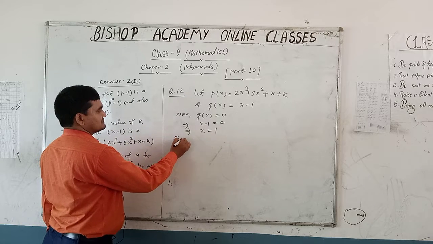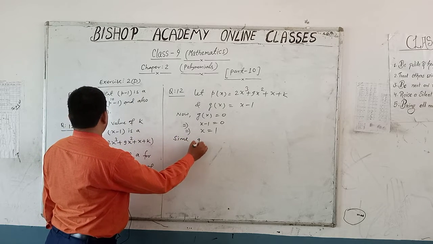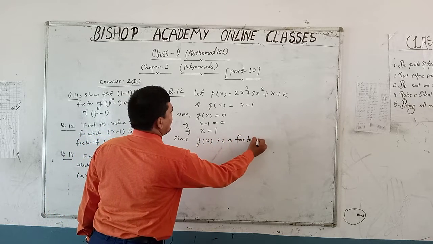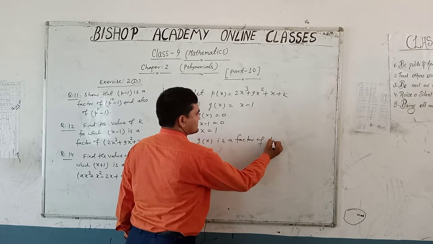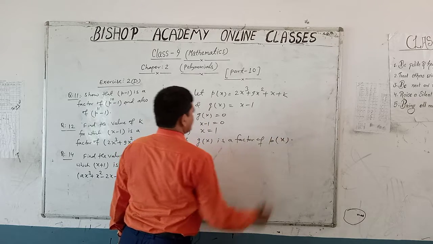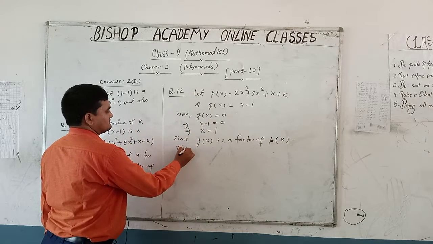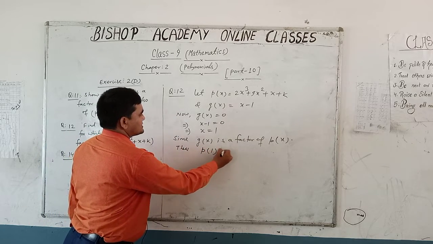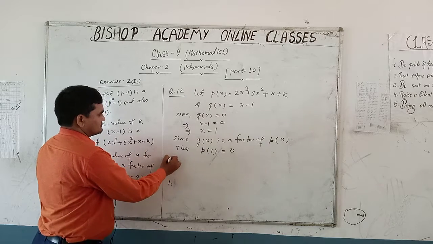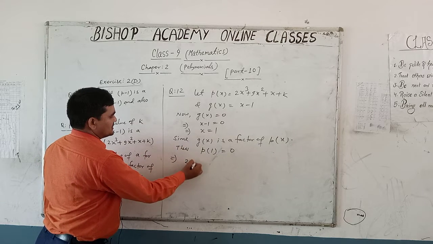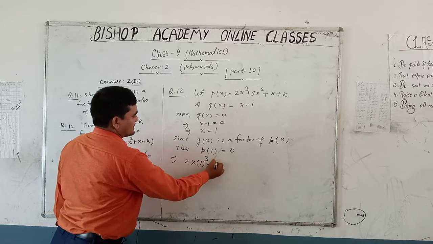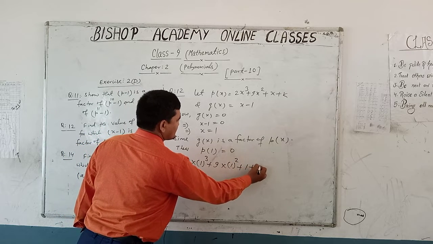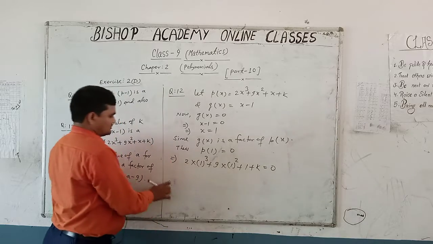Since g(x) is a factor of p(x), then p(1) is equal to 0. This implies that 2 into 1 cube plus 9 into 1 square plus 1 plus k is equal to 0.